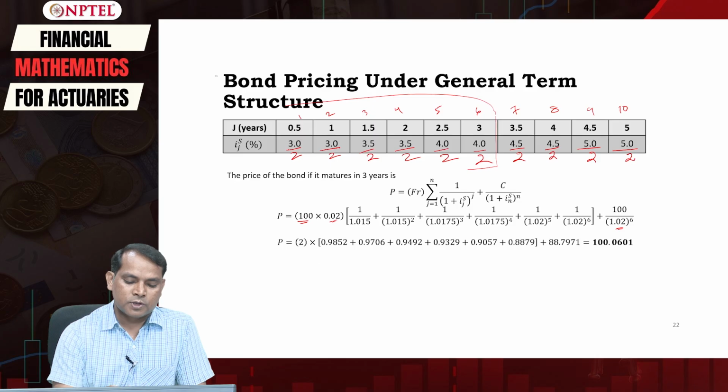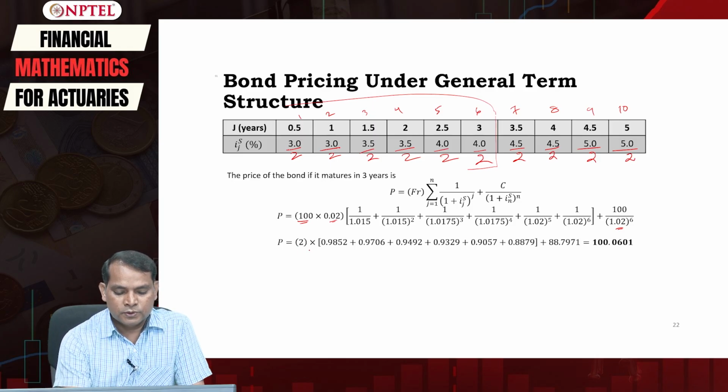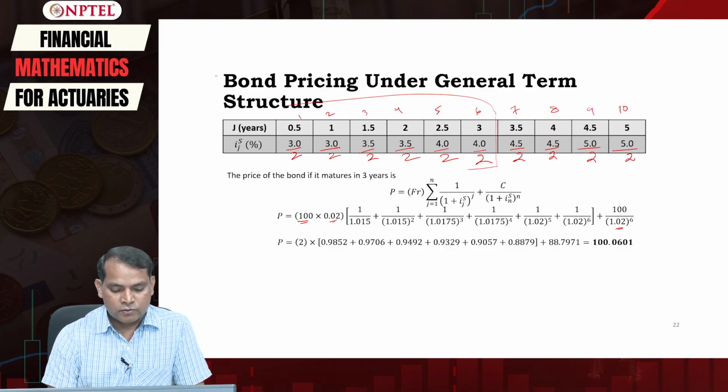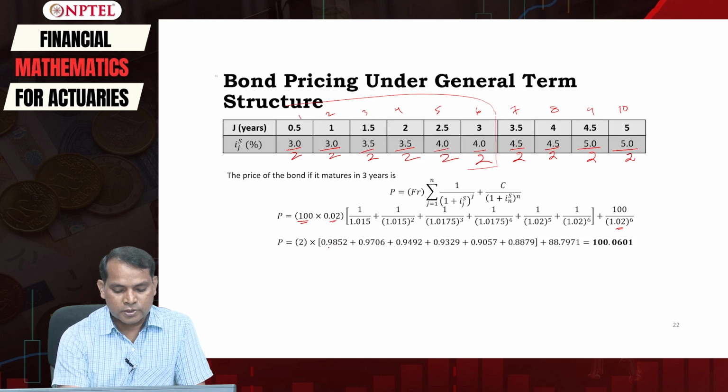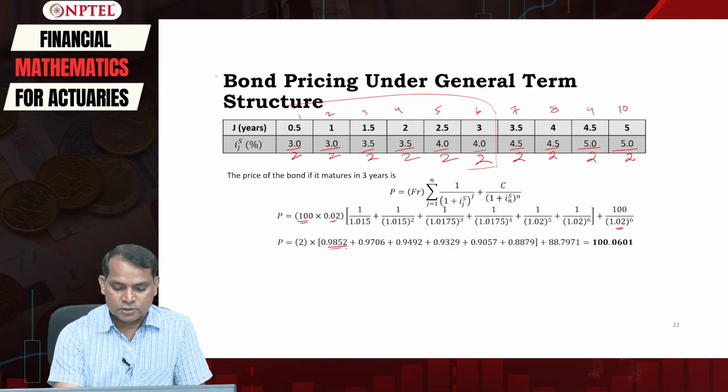So, 100 multiplied by 0.02 will become 2, and then 1 upon 1.015 will become 0.9852. I have taken only 4 decimal points here.